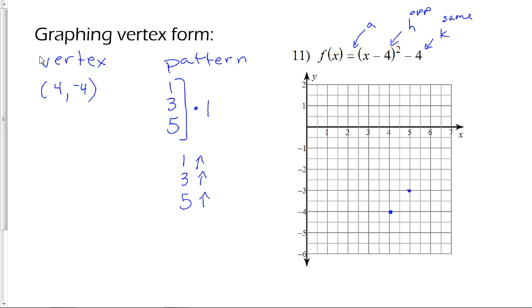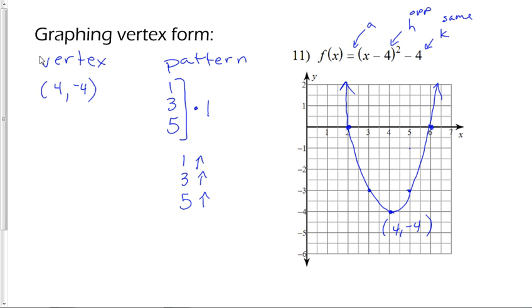Up 1 over 1, up 3 over 1, and up 5 over 1 doesn't fit. So there's our parabola. Label the vertex, and we're good. Probably the easiest of the three forms to graph is the vertex form because the vertex is already given to you.